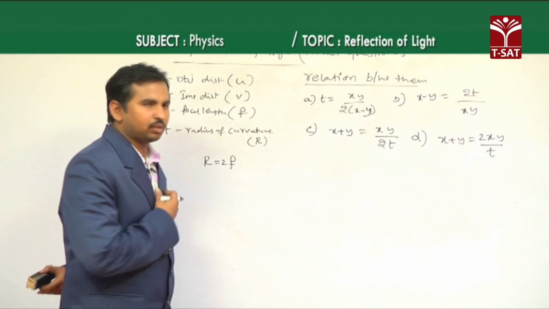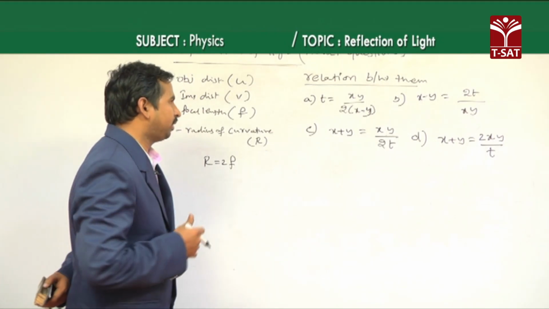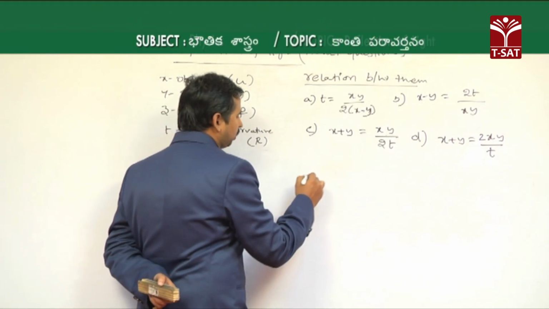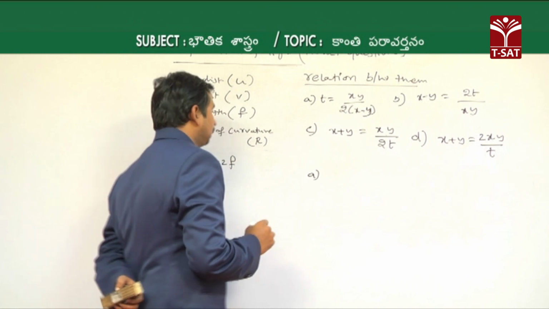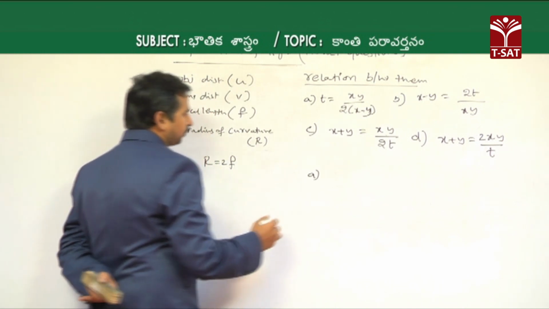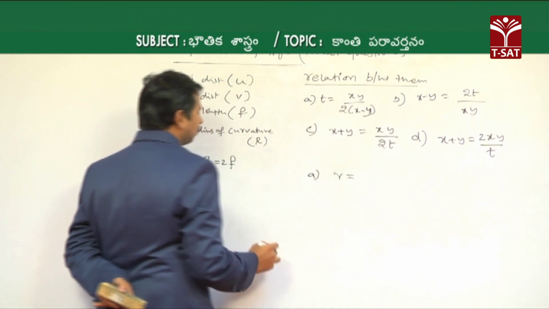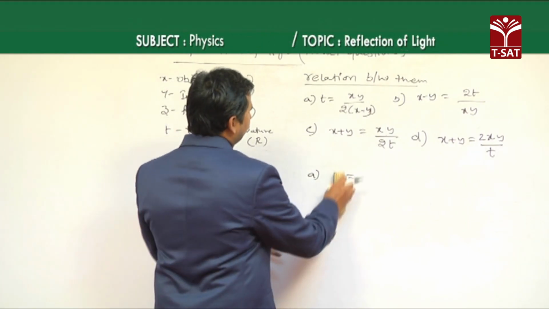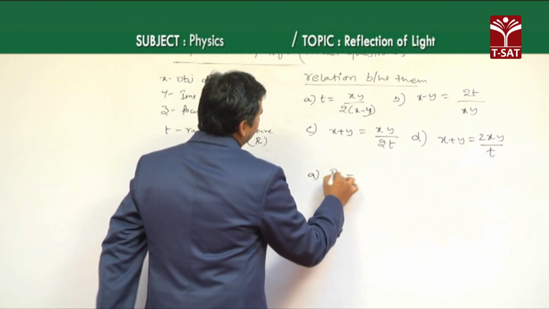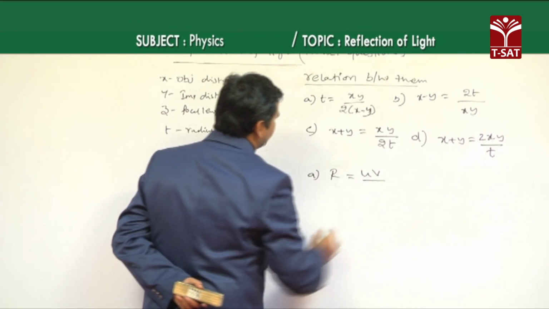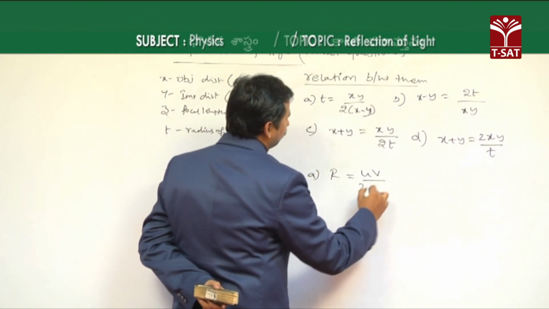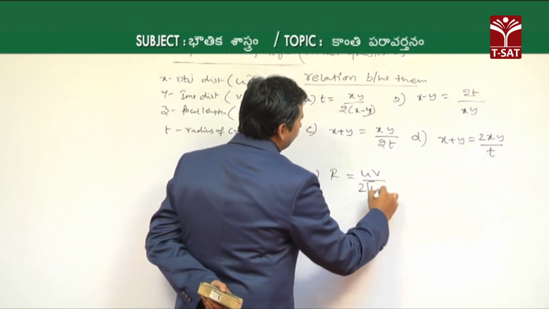If we change our equations according to our usual parameters, for example, option A becomes: t is nothing but the radius of curvature, so r is equal to xy, where x is the object distance and y is the image distance, by 2 of u minus v.